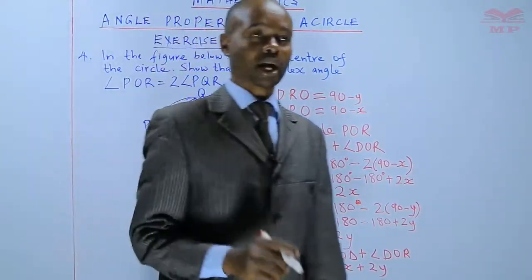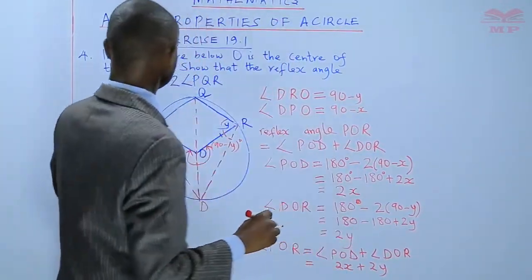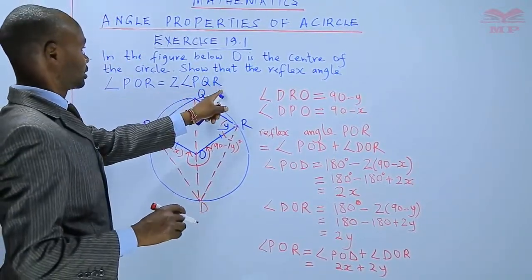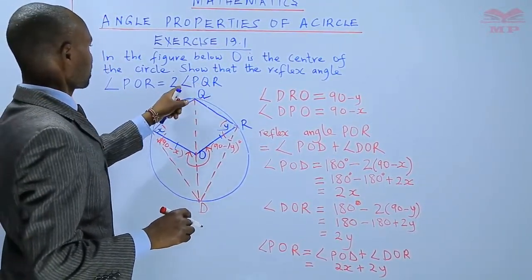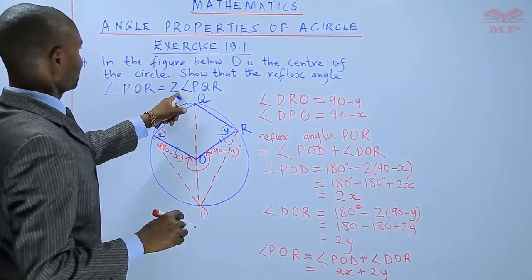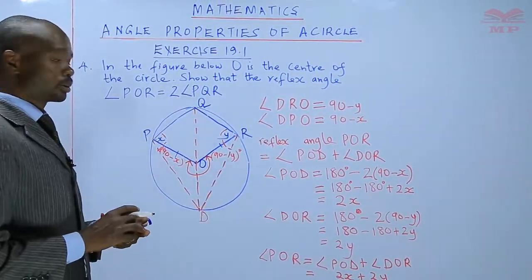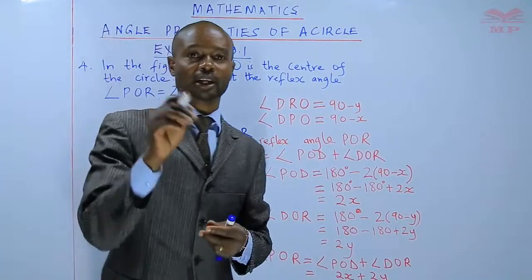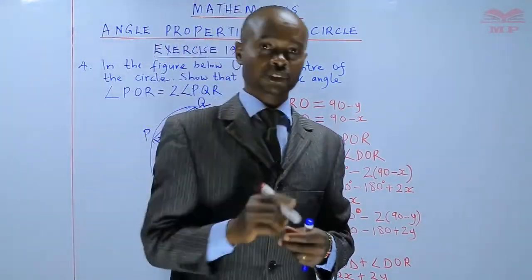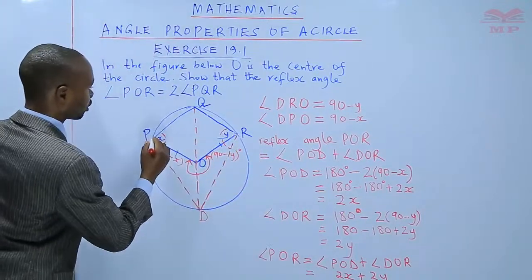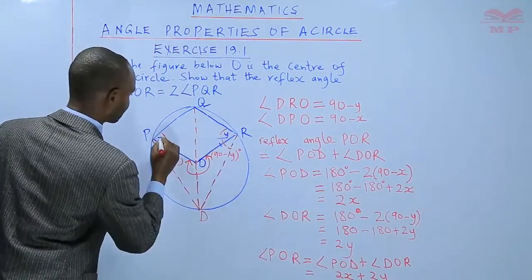So we have to go back and get the value of PQR so that we prove it is twice the value of the reflex angle we got. So to get that, I have to introduce a chord in my diagram, and that chord is PR.